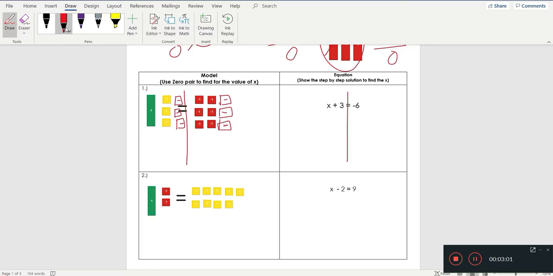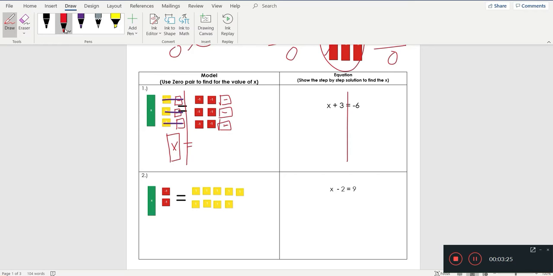Of course, we're going to do the zero pair. So cancel these, cancel these, cancel these. Do we have zero pairs on the other side? None, because there's no negative and there's no positive. What's now being left here? You have the x, right?